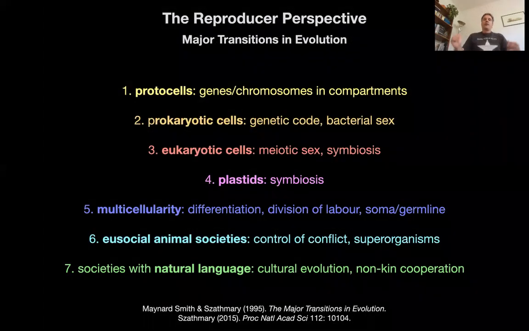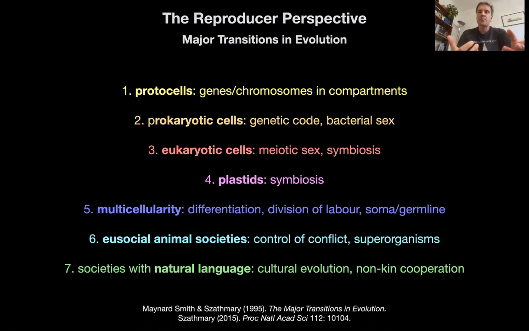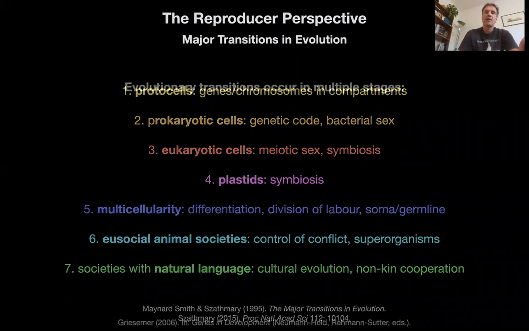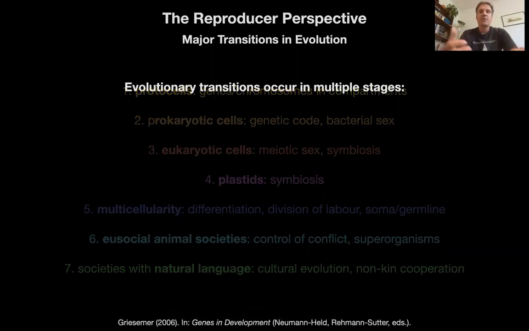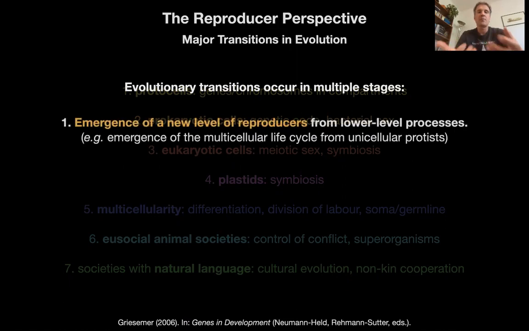So let's get back to the original motivation. Remember that the reproducer perspective was supposed to be a sort of generalization of Szathmáry's and Maynard Smith's accounts of major transitions. So what's happening here from the perspective of the reproducer? So evolutionary transitions occur in multiple stages in this perspective. The first is the emergence of a new level of reproducers from lower level processes.